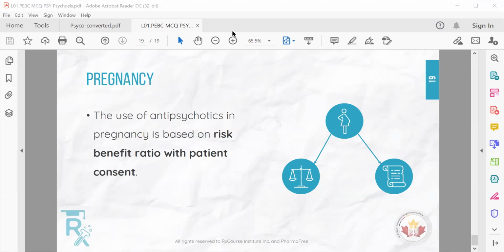So if it's moderate or severe, at that time, CBT will be of no use, and the doctor has to decide the risk-benefit ratio. What is the meaning of that? If the case is severe, the patient might harm herself, and she's pregnant. They might harm the baby. So at that time, we will give her medication because the benefit here is more than the risks.